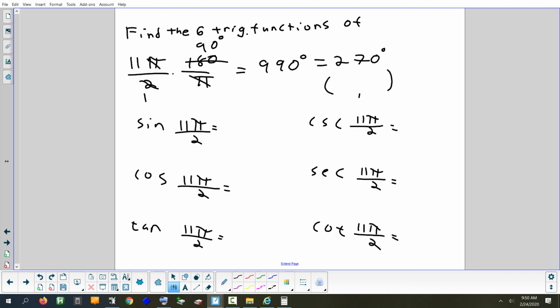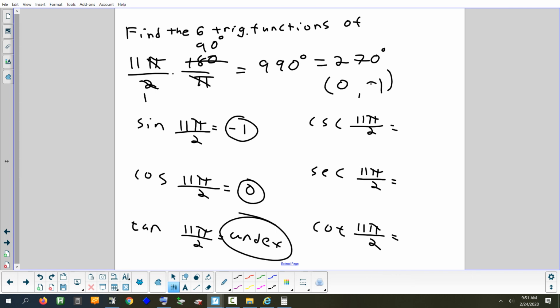Yep, 0, negative 1. And then you can go through all 6 trig functions. So your sine, your cosine, your tangent. Once you get that coordinate, finding the 6 should be, after a while, pretty quick.